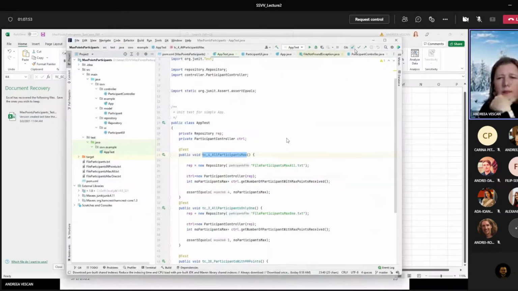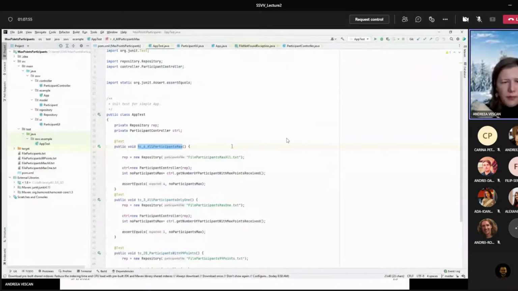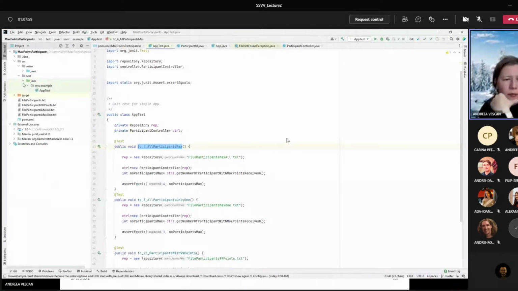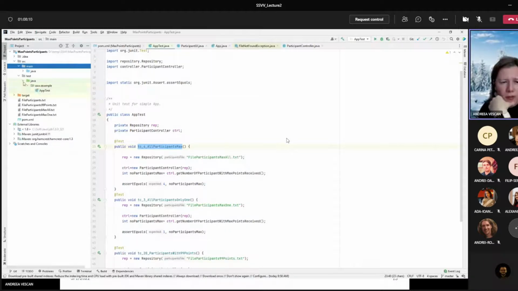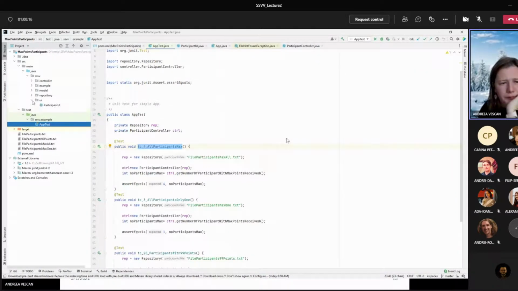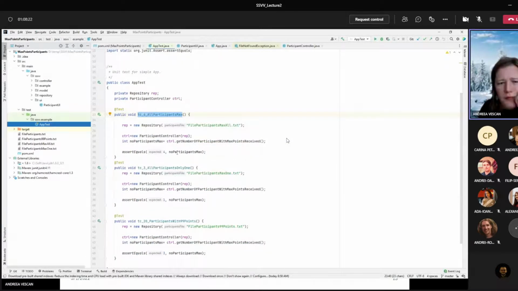And this is the source code. This has the same Maven project that we already had from laboratory 1. Some of you will have the laboratory this week, in which we have the part with the source code, and also in the Maven project we have the part with the test cases. As you can see here, I have the same problem with the max point participants, and here I have created some of the test cases.